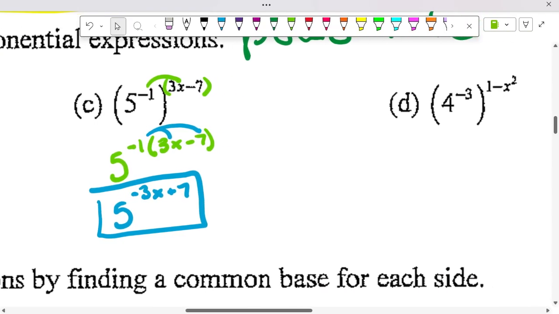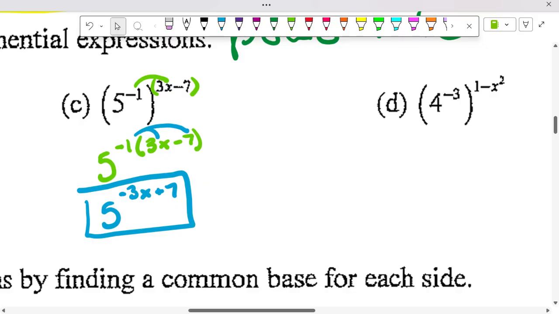Try that last one on your own. So you're not doing anything solving wise, you're just enacting the power rule, similar to part C, so I'll leave part C up.